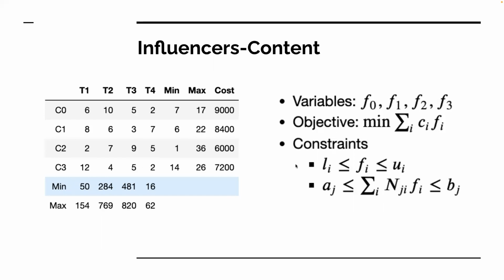So for example, N of type 2 from C1 is basically 6. This quantity tells us that I'm consuming FI of this creator, and hence I will get NJI units of the jth type. And this whole thing should be within the min and max given for that particular content. That's basically the form that we have.